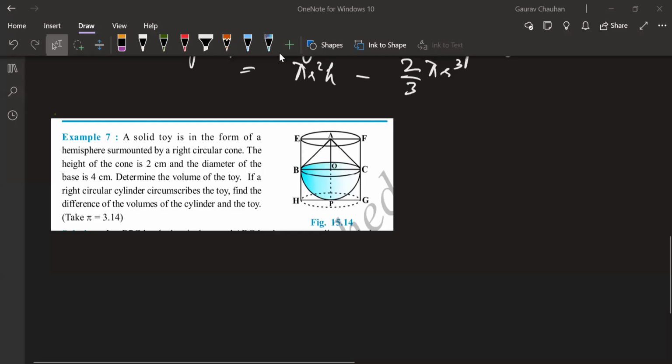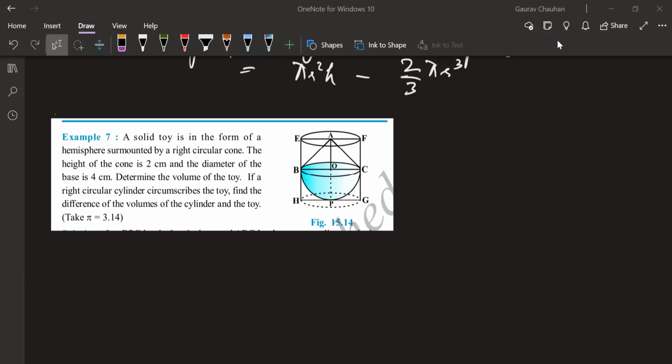All right. When I read this question, I start reading: a solid toy is in the form of a hemisphere. Don't stop here. The solid toy is in the form of a hemisphere surmounted by a right circular cone. That full sentence is describing the toy, which means the hemisphere plus the cone is the toy.